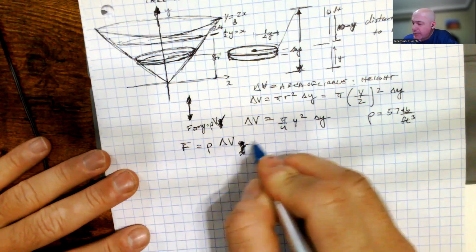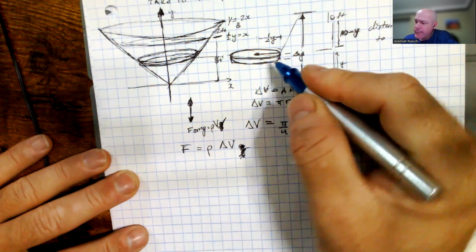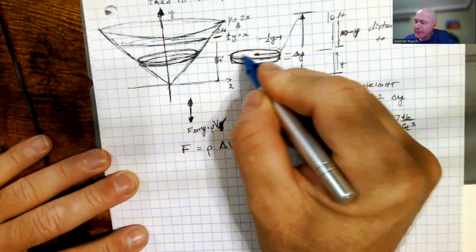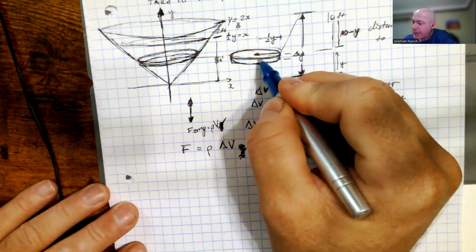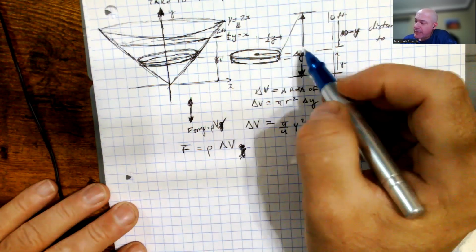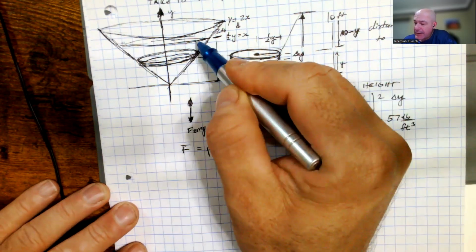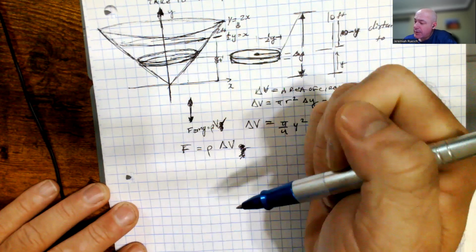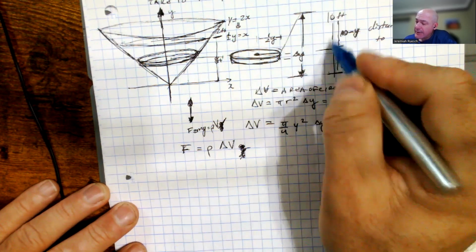Then we have to figure out the distance that this thing is going through. We're going to move this infinitesimally thick disk, if you will, of fluid, this height up. It's moving from wherever this disk is located to the 8 feet height at the top of the conical tank, and we know that the total distance is 10 feet.